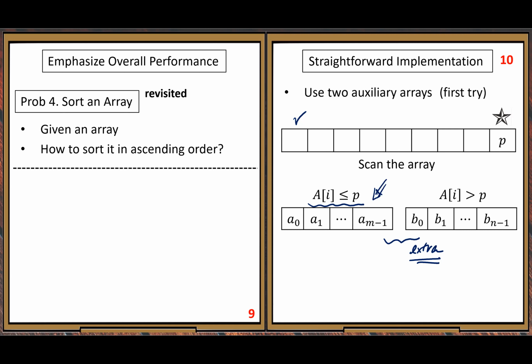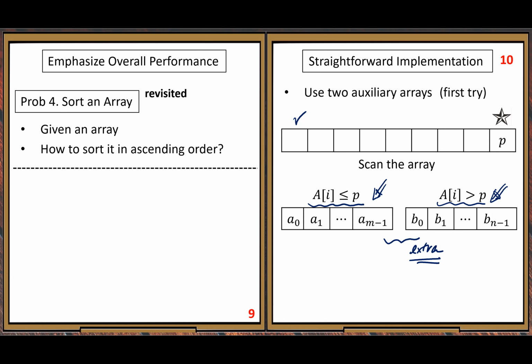If we find that A of I is greater than P, then we place it in the right auxiliary subarray. That arrangement is simple, right? Pretty simple, straightforward. And we can split the original array into 2 subarrays immediately.